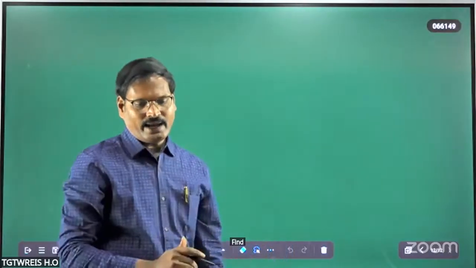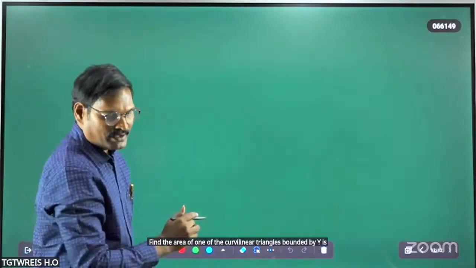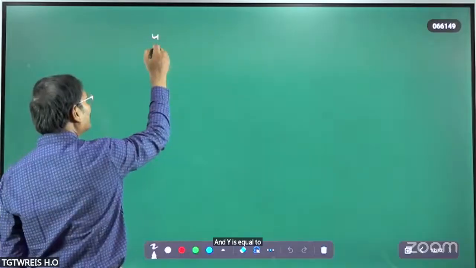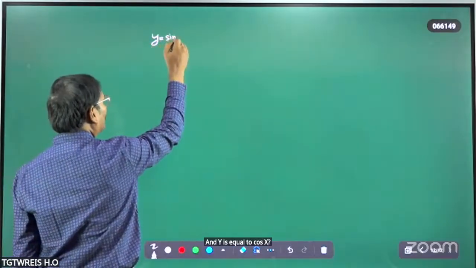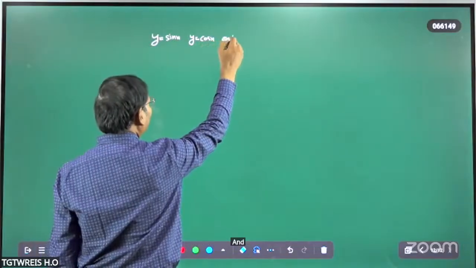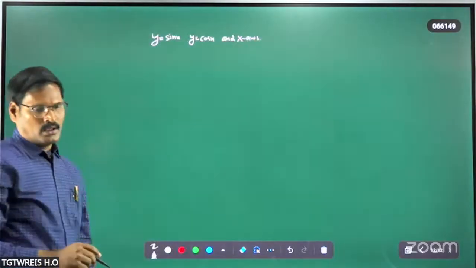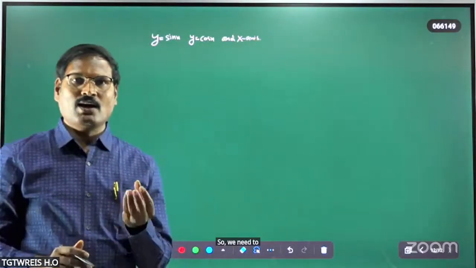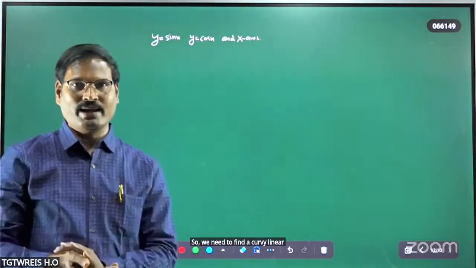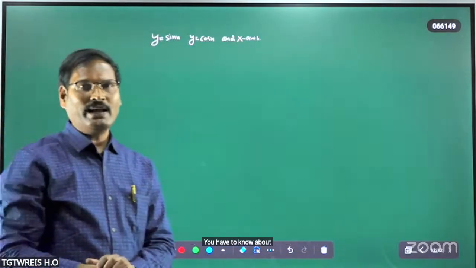Find the area of one of the curvilinear triangles bounded by y is equal to sin x, y is equal to cos x, and the x-axis. So we need to find the curvilinear triangle area. For that, first you have to know about a curvilinear triangle.